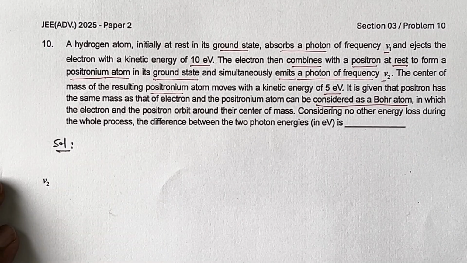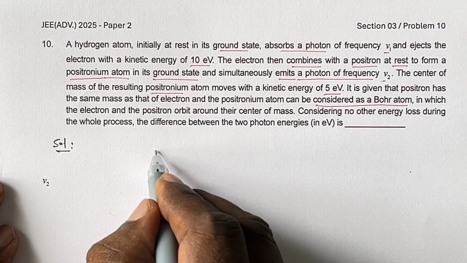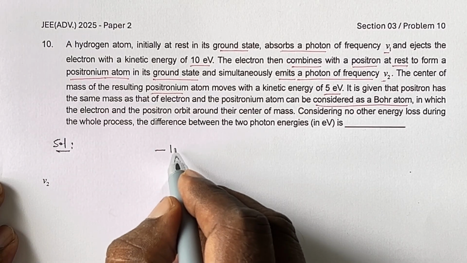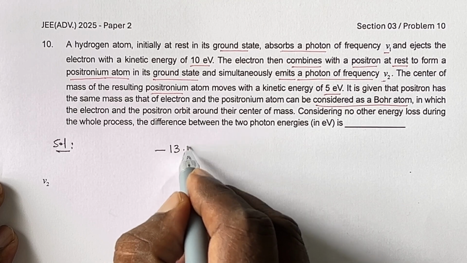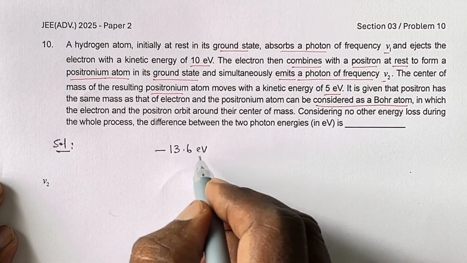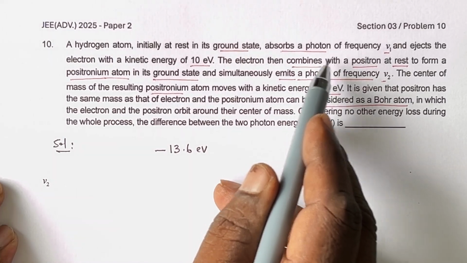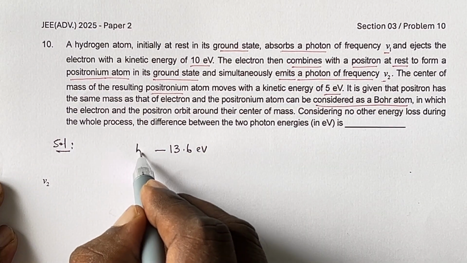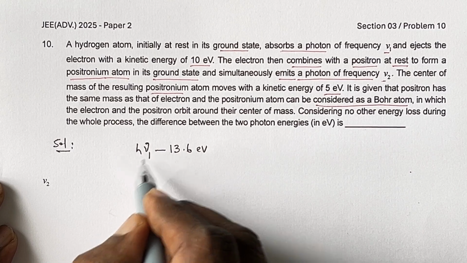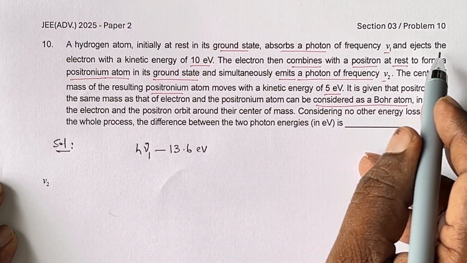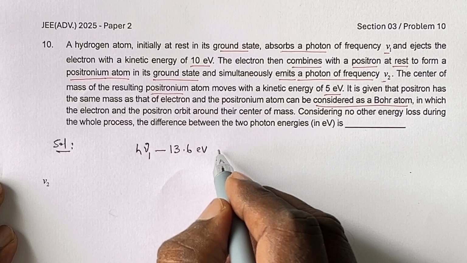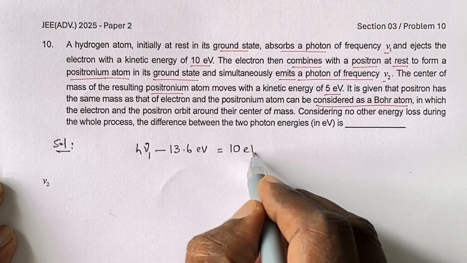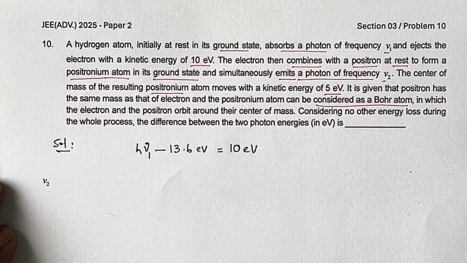Hydrogen atom initially is at rest. So what is the ground state energy of hydrogen atom? 13.6 electron volt. It absorbs a photon of frequency nu1, and then ejects an electron with kinetic energy 10 electron volt.